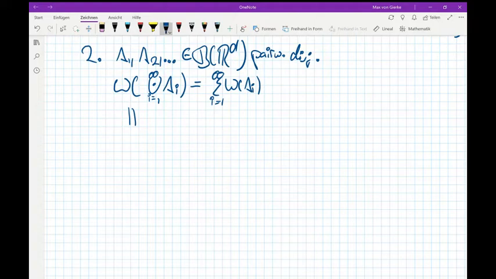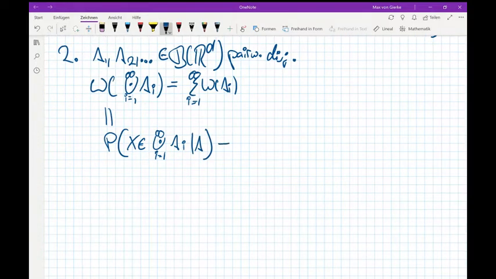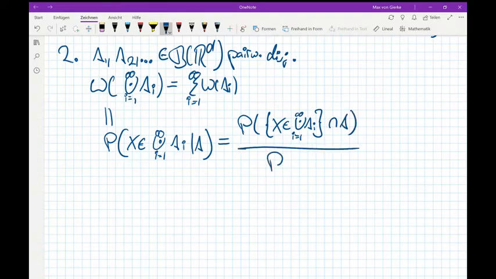So this is just P of x in the union over i of A_i, conditioned on A, which again by Bayes is P of x in the union of A_i intersected with A over P(A).